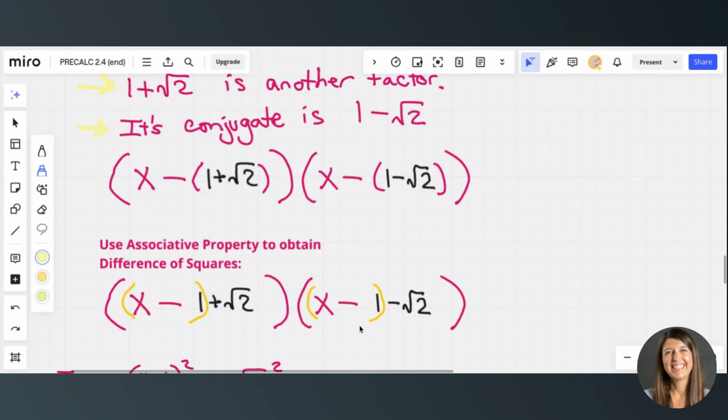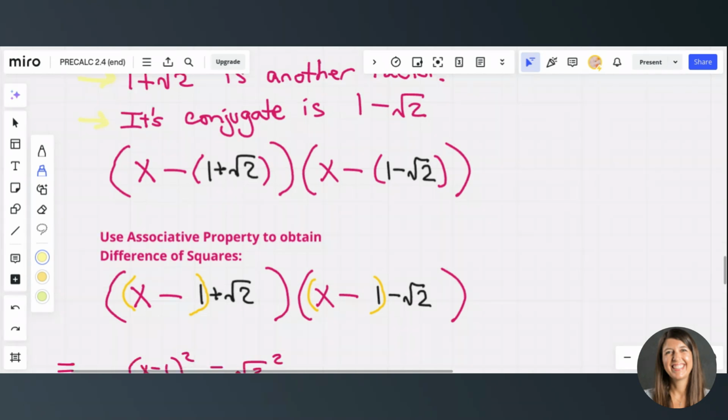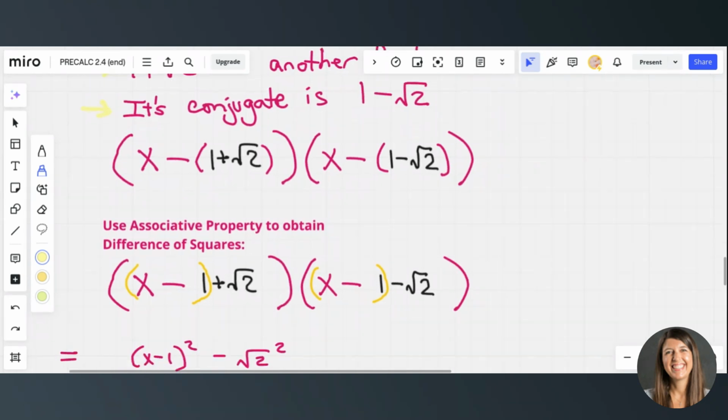So what's in parentheses is going to match, all right? By doing that, I can see I've got x minus 1 plus root 2, x minus 1 minus root 2. So this is starting to look like a plus b times a minus b.